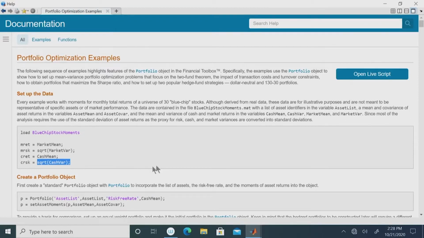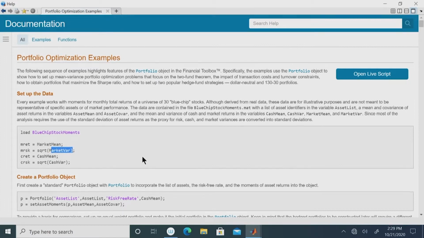Accordingly, we look at the average return from the market mean and the average mean of the cash, and for the counterpart risk we look at the square root of the variances for the market as well as the cash.